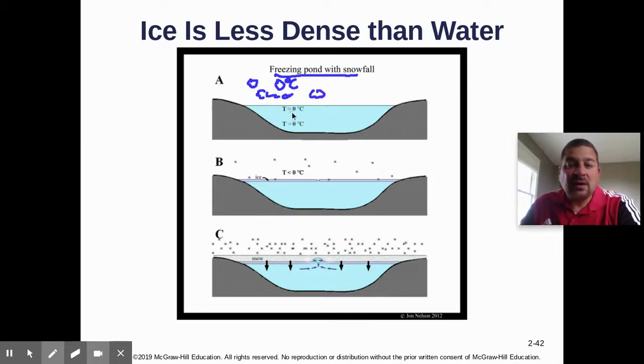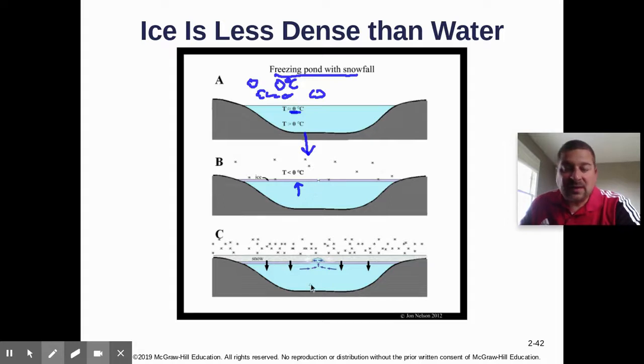So the water gets to be about 0 degrees Celsius up here. Down here, it's a little bit warmer. And as the cold temperatures go on, it will turn into solid water or ice, but it's less dense, so it will actually float on the liquid water.